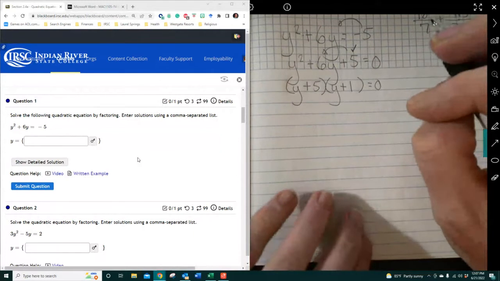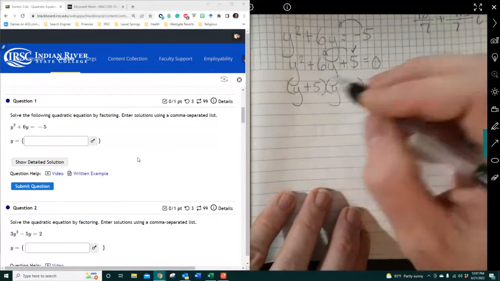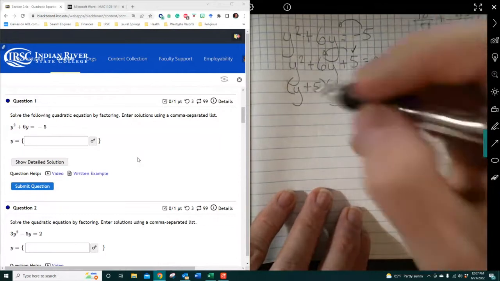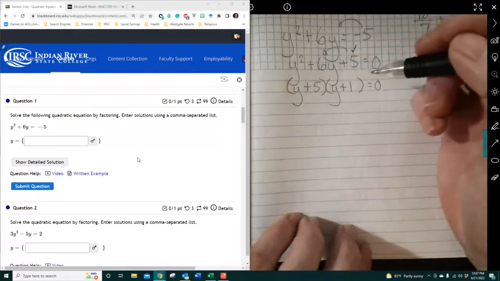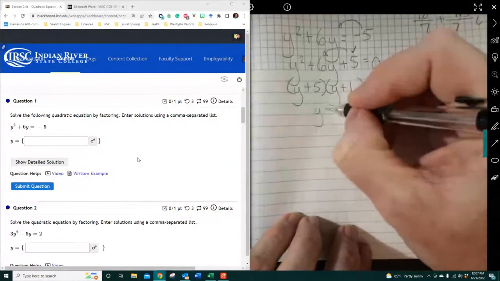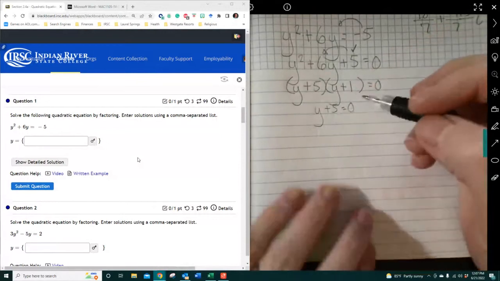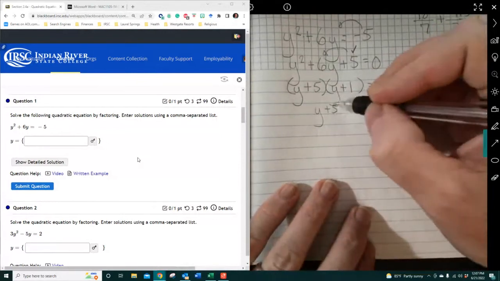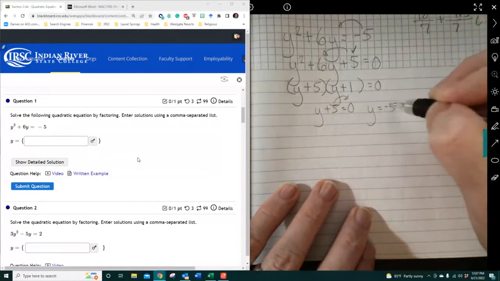To solve the equation for y, you set each factor equal to 0. It's called the zero product property: whatever you're multiplying together that creates a 0, you set each factor equal to 0. So we set this equal to 0 and solve for it. We don't really need to do much. We take the 5 and move it over to the other side, and y equals -5.